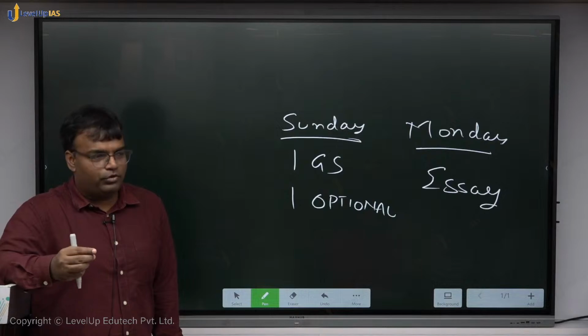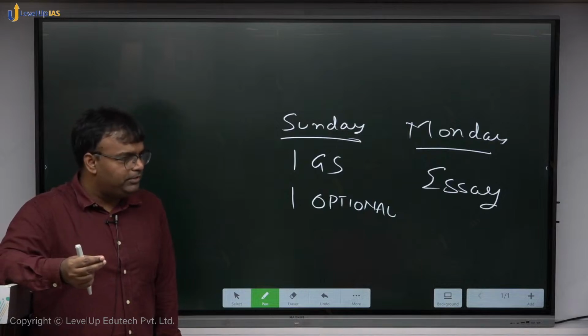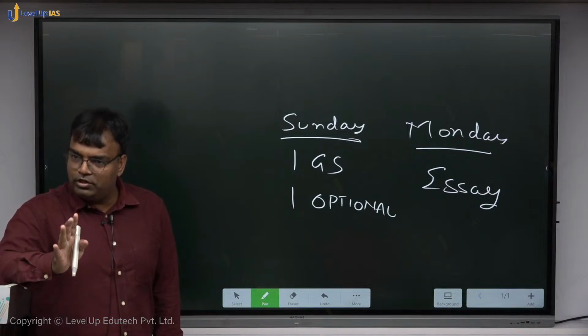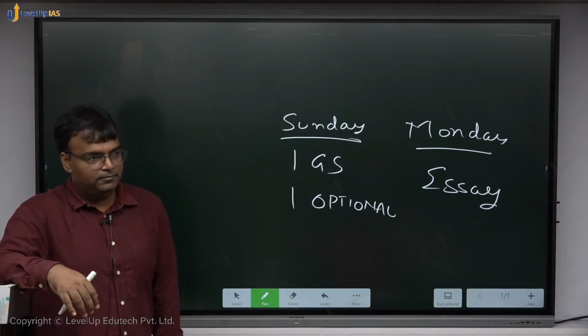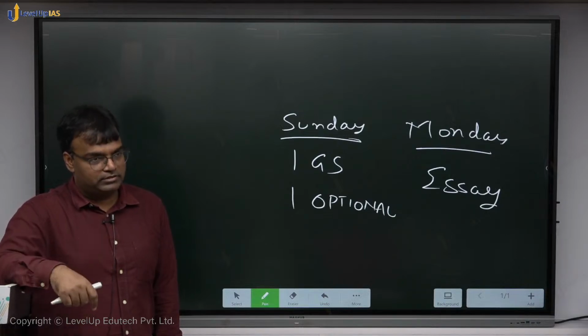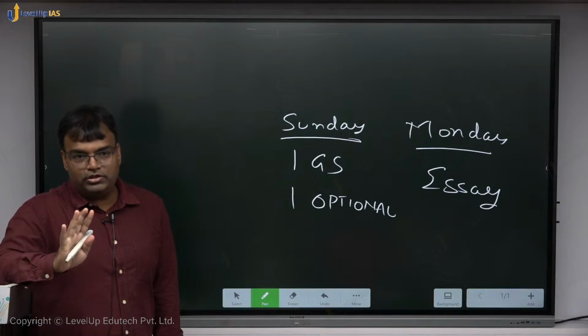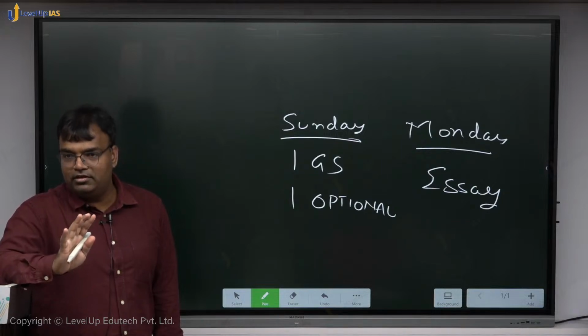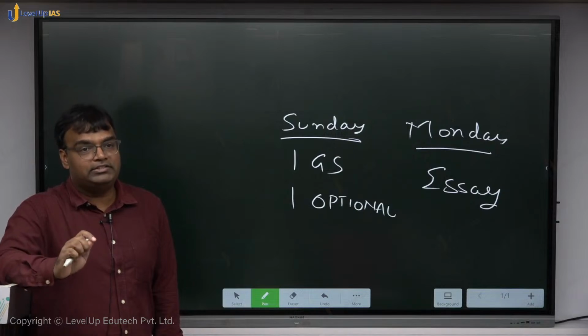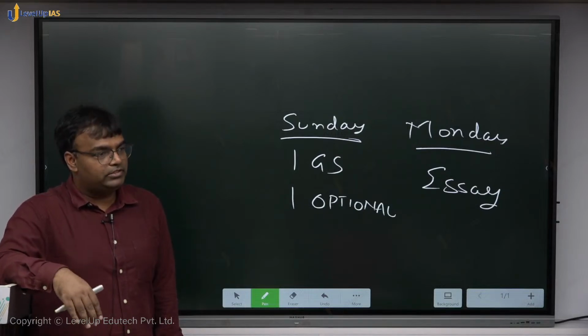Out of 10, I think 13-14,000 people have cleared mains. There will be 1,000-1,200 seats. Less than 10% of people who are writing mains will eventually get selected, and less than 1% will actually become IAS officers. 14,000 people are writing mains, how many IAS officers? 180 will become. Less than 2% of the people who are writing mains will become an IAS officer.